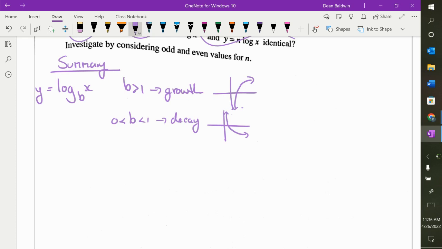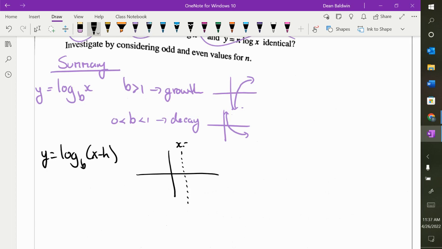Looks like that. If you have an h value, that is your vertical asymptote, and your domain will be x is greater than your h value.